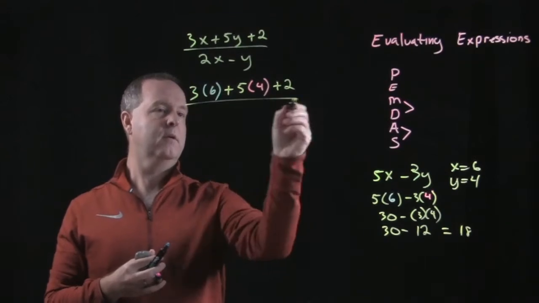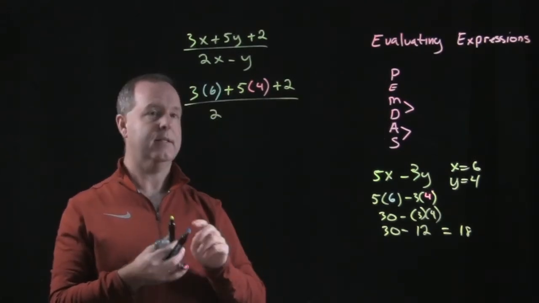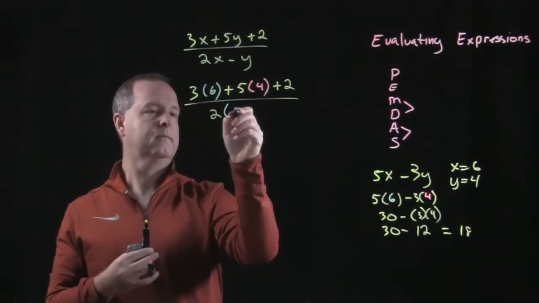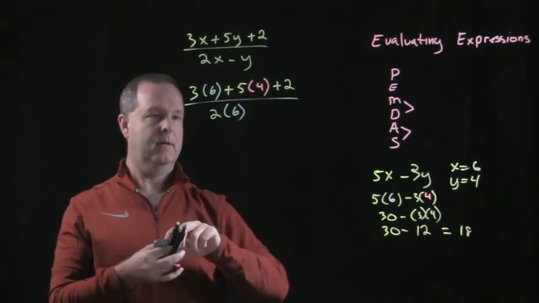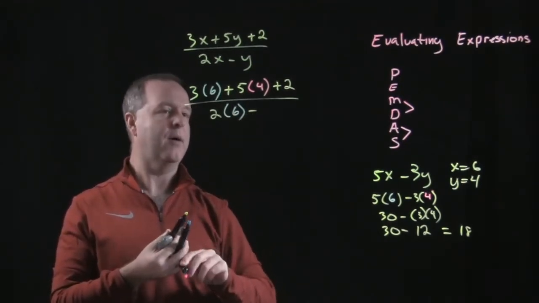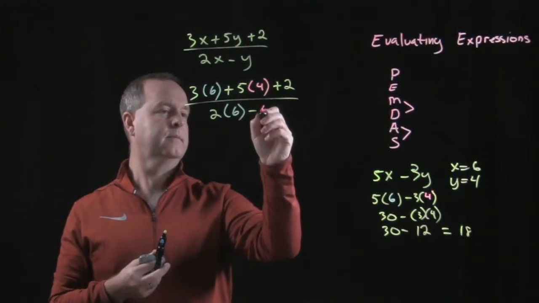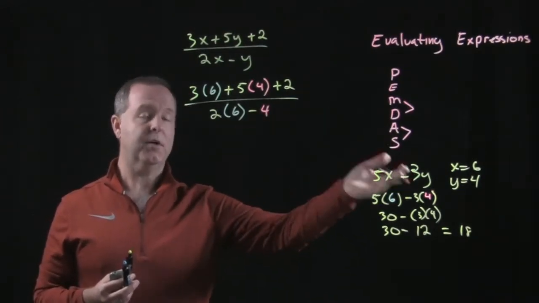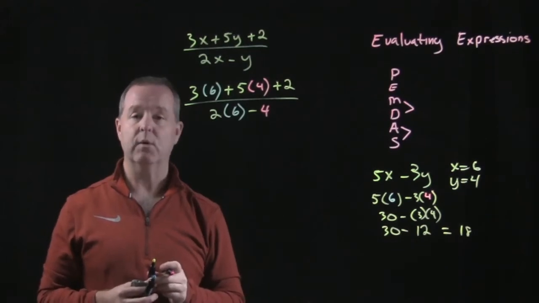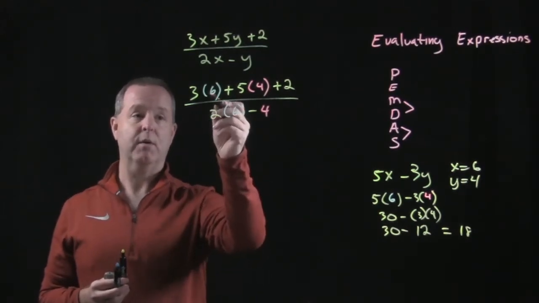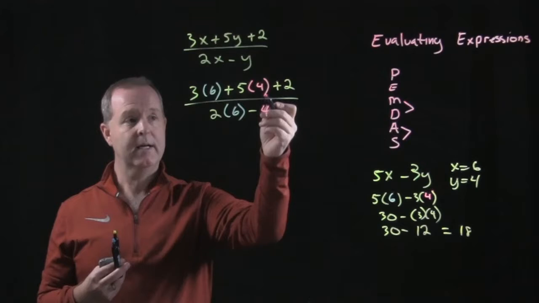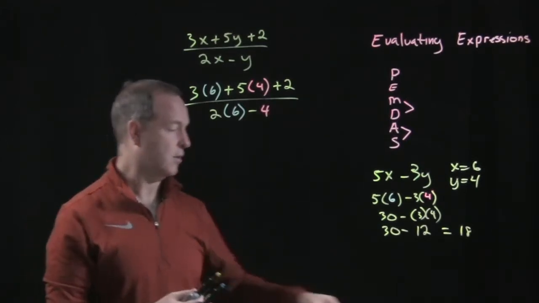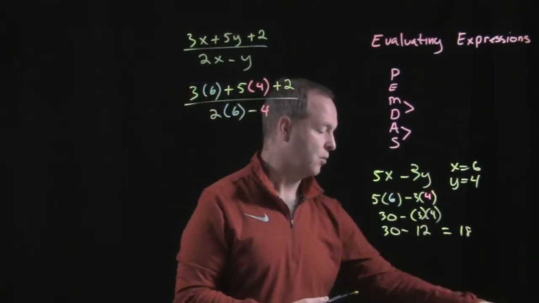Plus 2, all over 2 times my x, minus my y. I simply looked at the variables and inserted the values in the specific places where those variables are. Notice that there were 2 x's, so I inserted it twice. Likewise, there were 2 4's, so I inserted those twice as well.